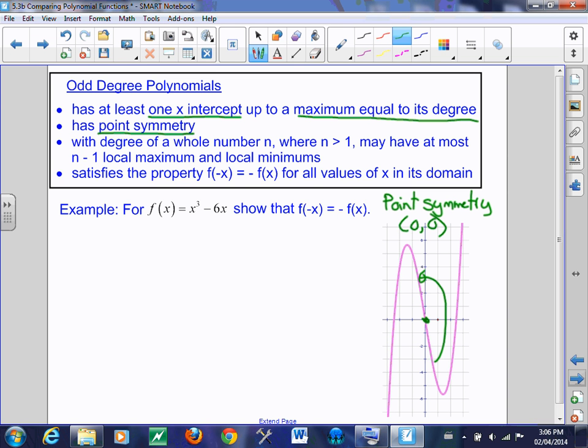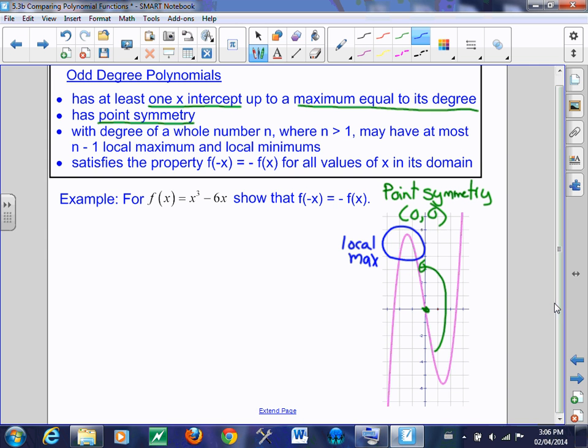And I'll talk about that in just a second. Minimums and maximums are just where it changes directions. Okay. So taking a look here, if I change my color, guys, this is a what? This is a maximum. So this is a local max. And notice here they also have what? A local min.